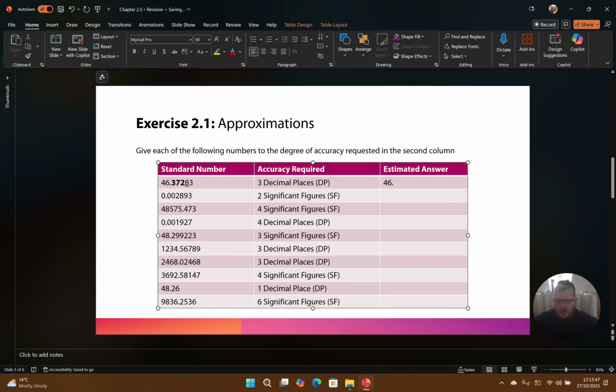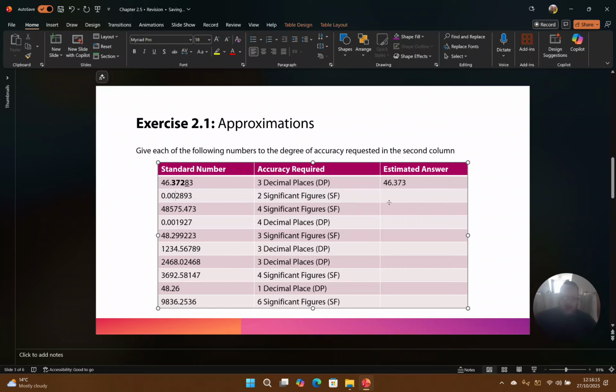Bearing in mind we are looking at 3 decimal places, if the number that's underlined is less than 5, the 3rd decimal place stays as it is. If it's 5 or more, we round it up, so we add 1 to it. And because that 8 is greater than 5, we've rounded it up.